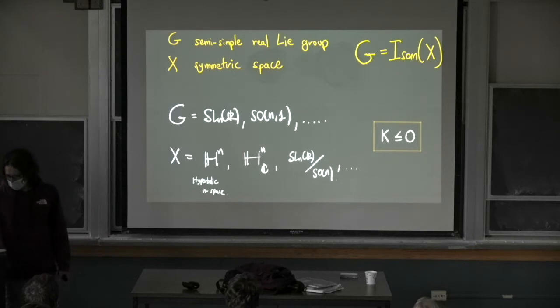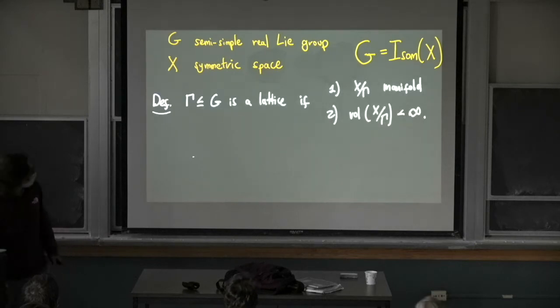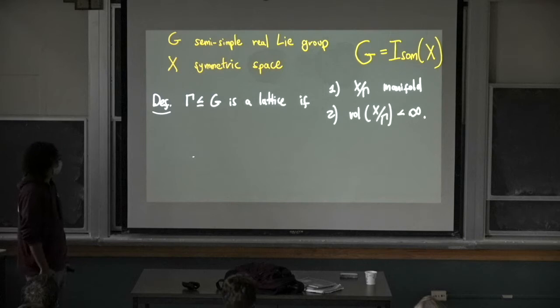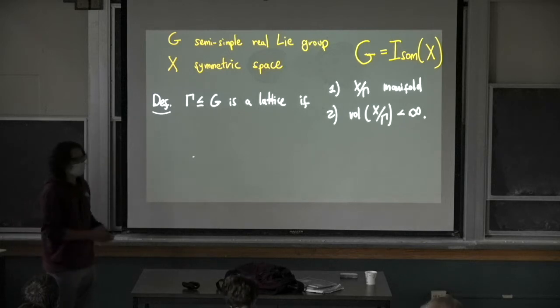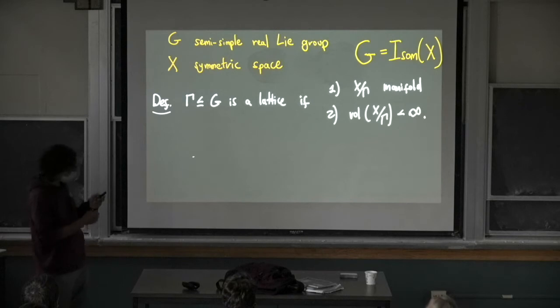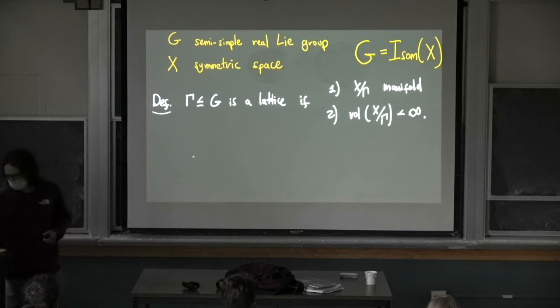And then there is the concept of a lattice, that is a discrete subgroup of this group, such that it satisfies the following conditions. One is that gamma is discrete, and the second condition is that the quotient has finite volume.